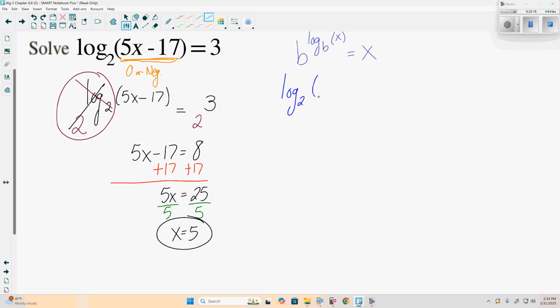Log base 2 of 5 times 5 minus 17. Well, 5 times 5 is 25, and 25 minus 17 is 8. Log base 2 of 8 is indeed 3. So that does work because we're not having to take a log of a negative or 0. Questions on this here?